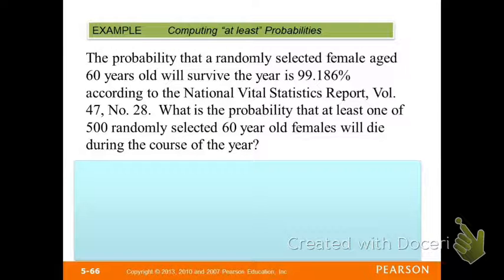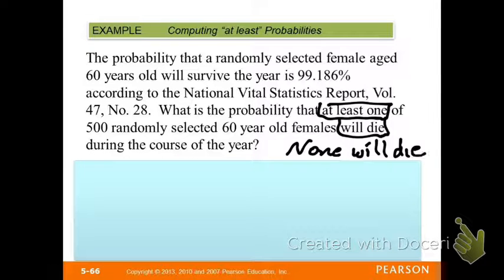So hopefully what you are coming up with here is the complement of at least one will die. The complement of that is that none will die. That's the complement of that event.